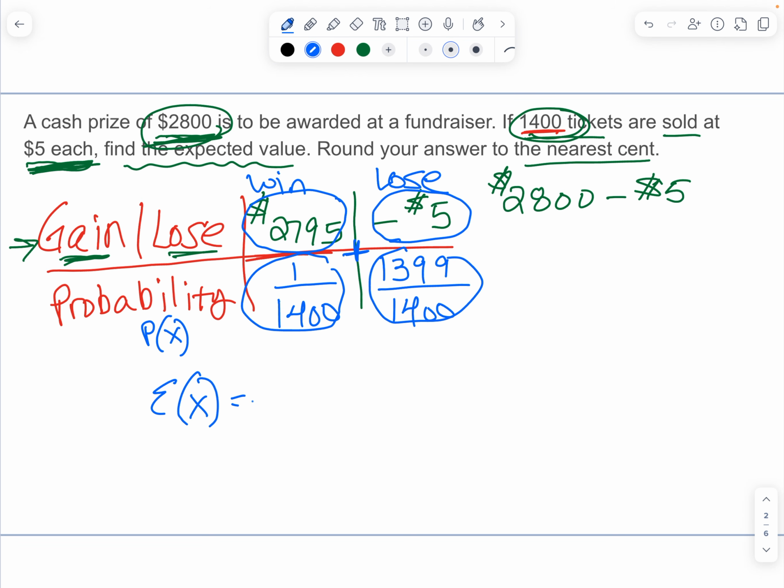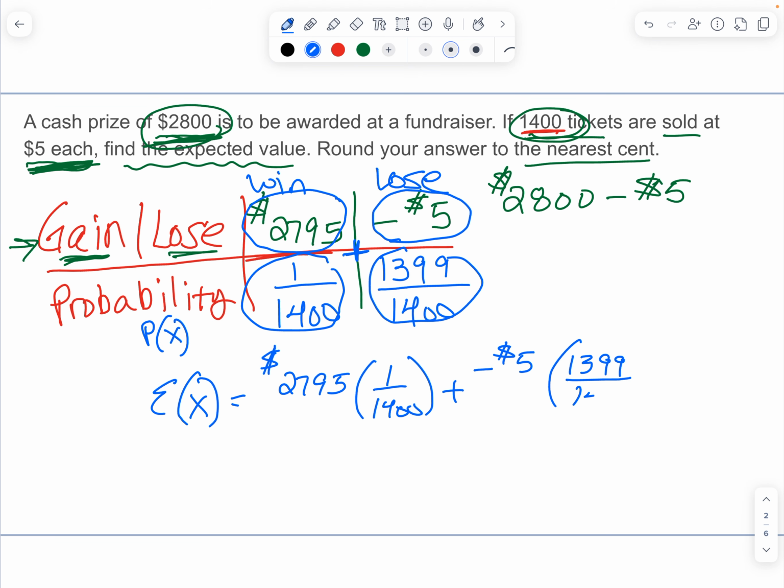It looks like 2795 times 1 out of 1,400 chances of winning, plus negative $5, and that's going to be a big chance of losing, 1,399 chances out of 1,400.